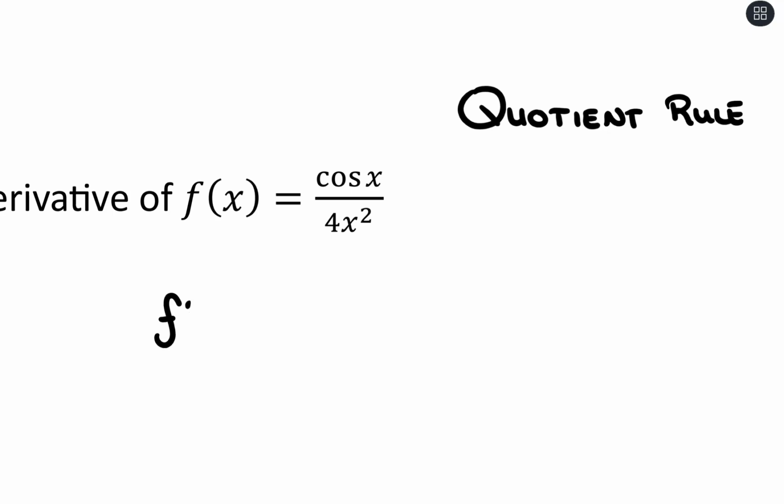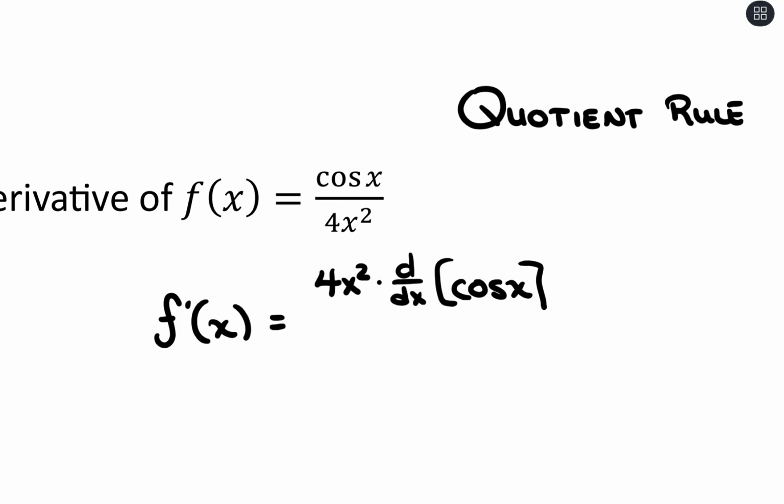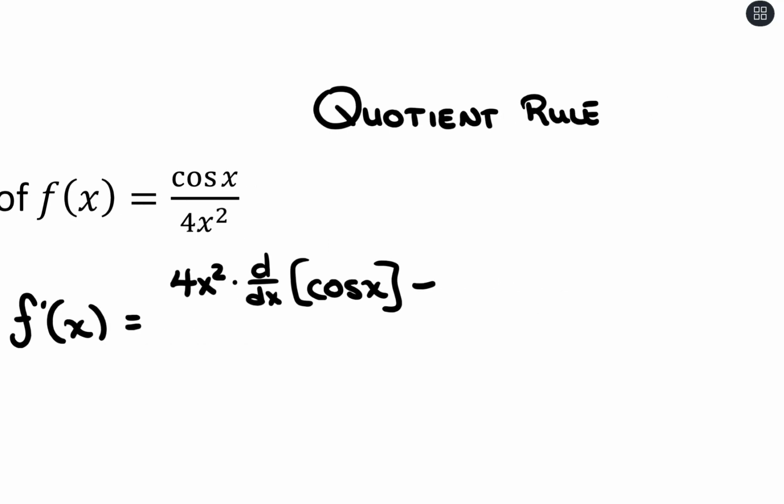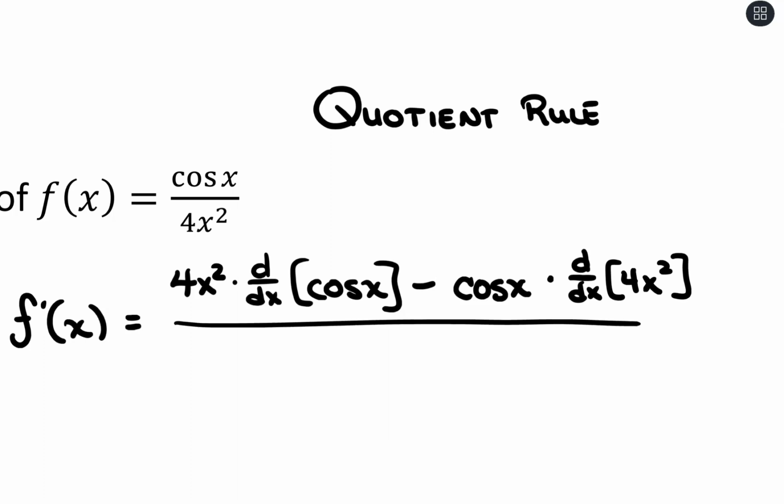So taking the derivative, I'm going to go low d high, so 4x squared times the derivative of cosine x, minus high d low, so cosine x times the derivative of 4x squared, all over low low, so 4x squared squared.